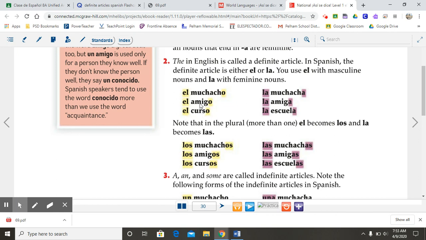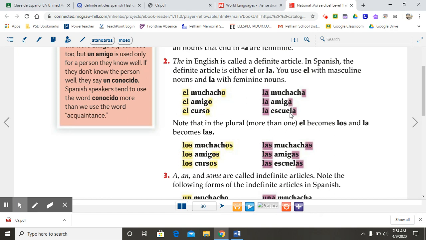The boy, the friend, the course. These three words, boy, friend, and course, are masculine. So they go with this version of the word, the, el. Now, these three words here are feminine. You have muchacha, that's a girl. Amiga, that's a friend, a girl friend. And escuela.